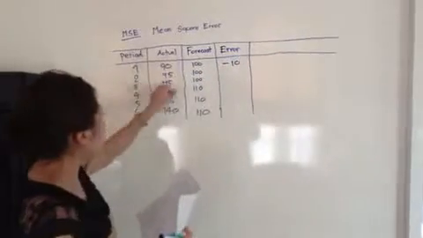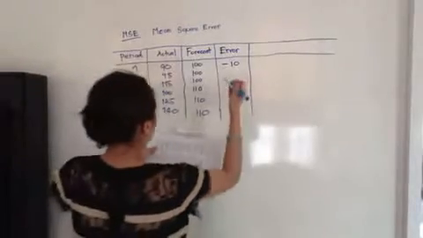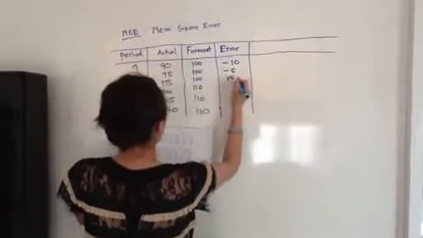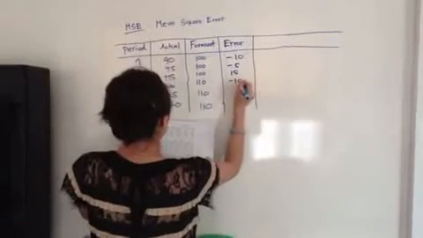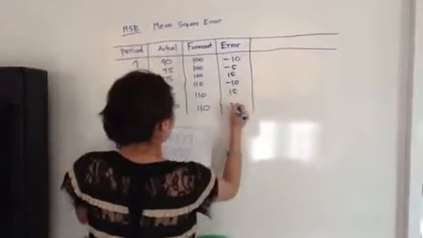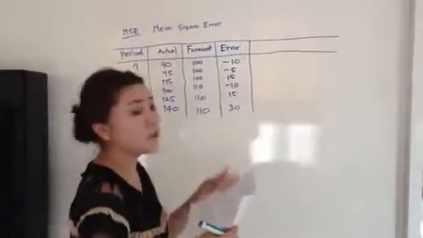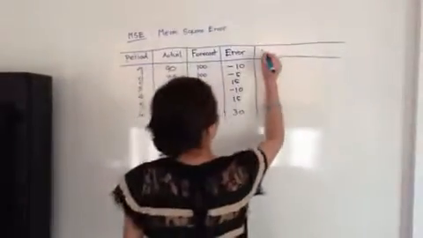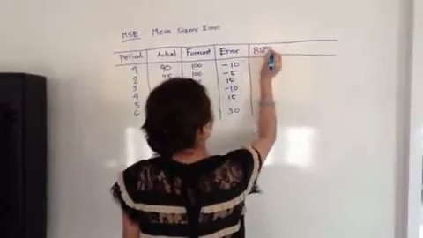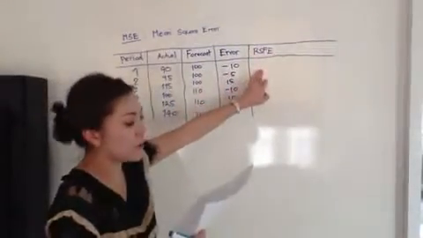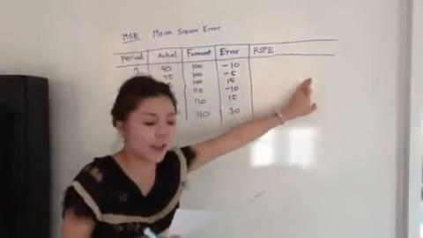So you do the same thing with each period. This one is minus 5. This one is 15, 10, 15, and 30. The next column is you need to identify RSFE. You must identify RSFE first before you actually find the tracking signal at the end.